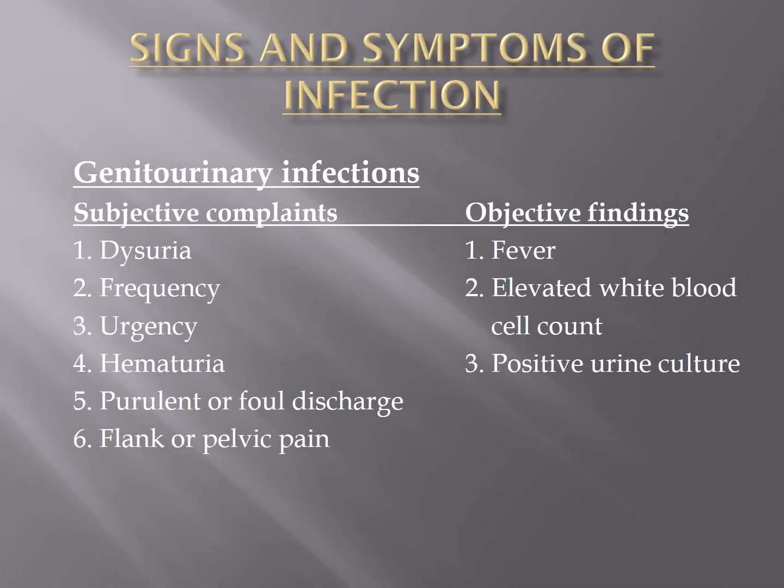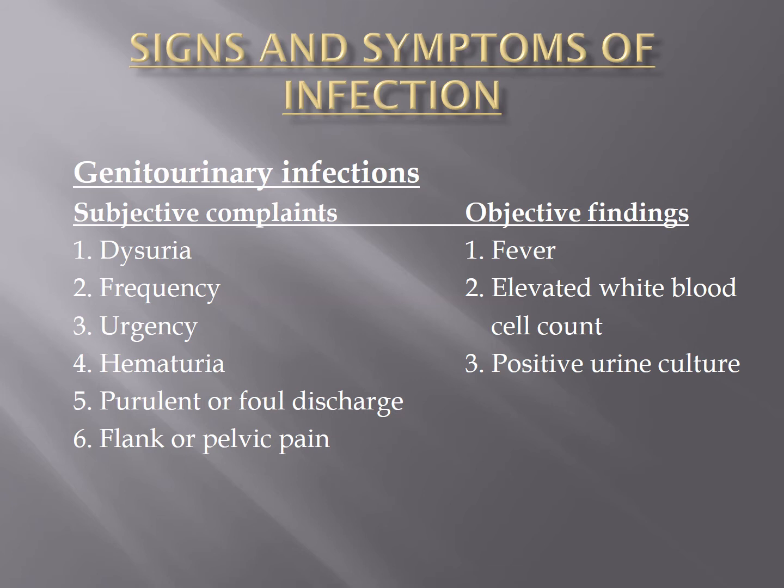Signs and symptoms of genitourinary infections include dysuria, frequency, urgency. You all know this already. These are signs of urinary tract infections. Hematuria, purulent or foul discharge. Again, the patient might have some discharge and it could be purulent. And flank or pelvic pain.